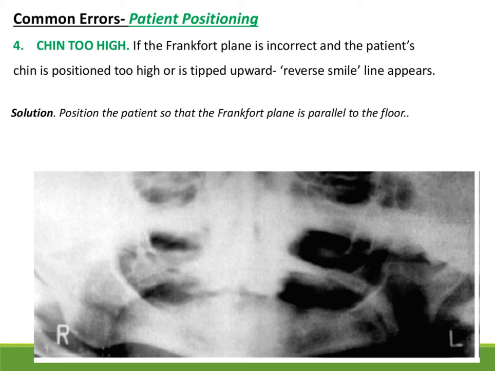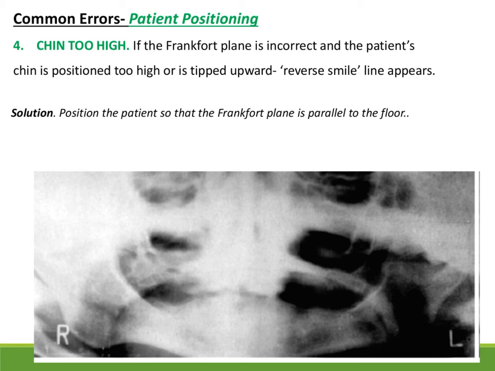If the Frankfort's plane is parallel to the floor, that means the head will be tipped a little bit down. If the head is up, then you can definitely expect a reverse smile line. Also, the mandible appears stretched to the sides. You do not see the normal curvature of the mandible in this kind of error.